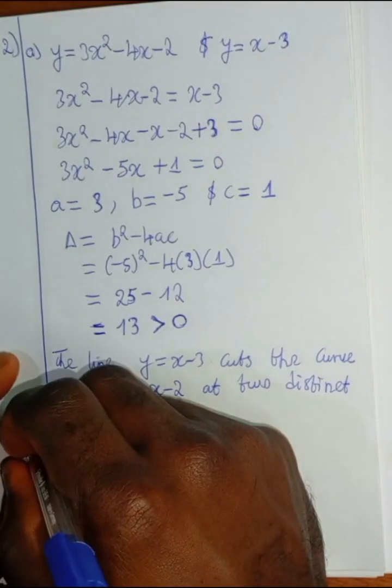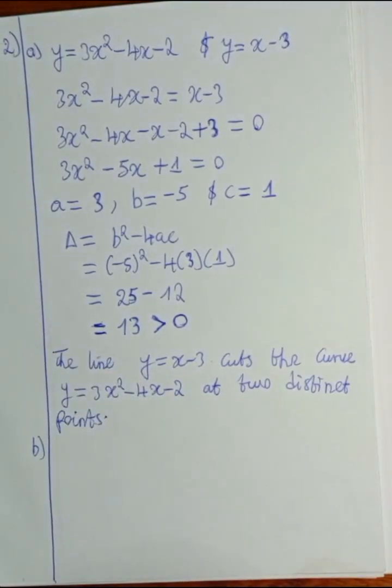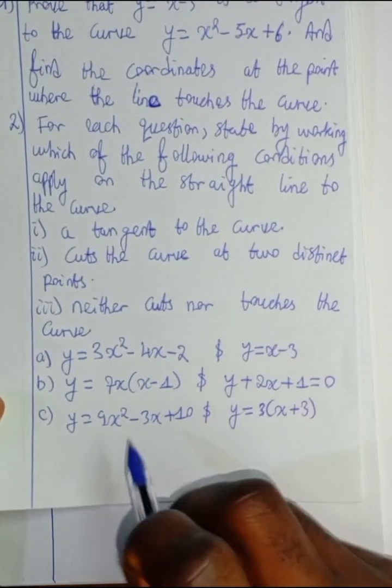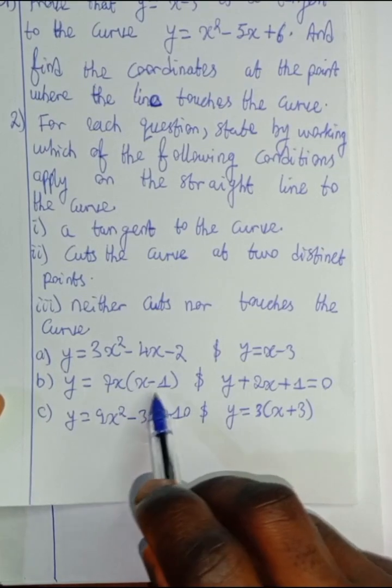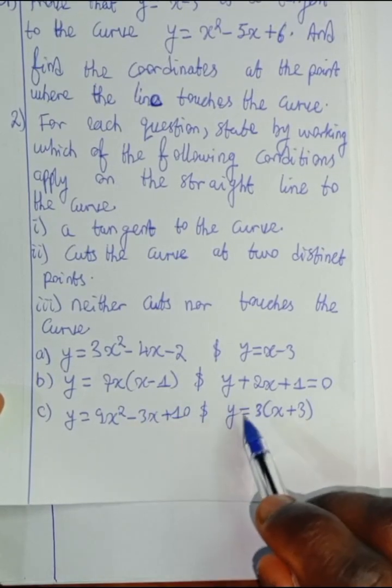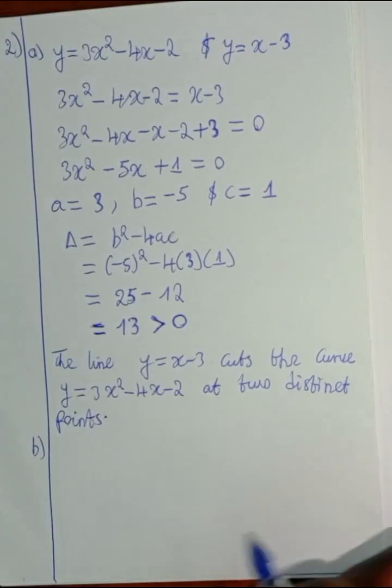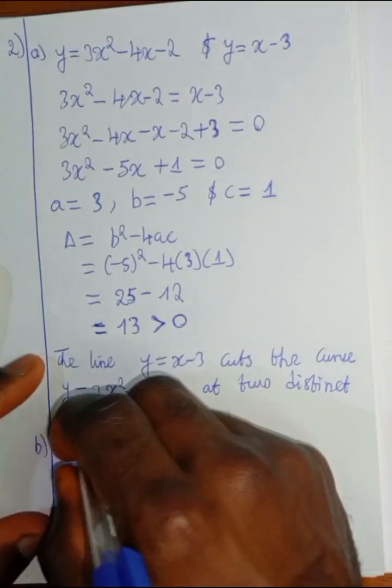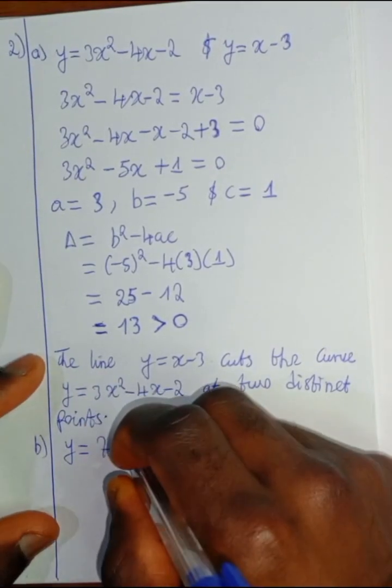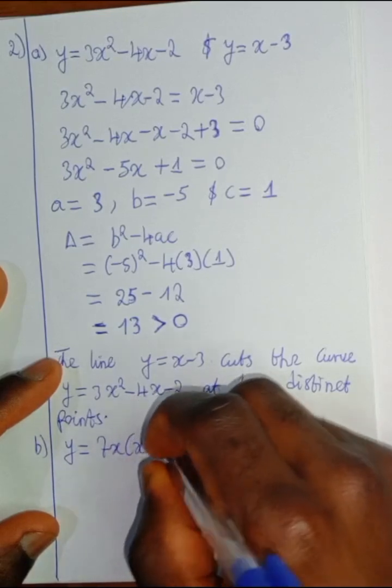We go now to question B. It says we have y equal to 7x times x minus 1 and the line y plus 2x plus 1 equal to 0. Let's write it down. We have y equal to 7x times x minus 1.